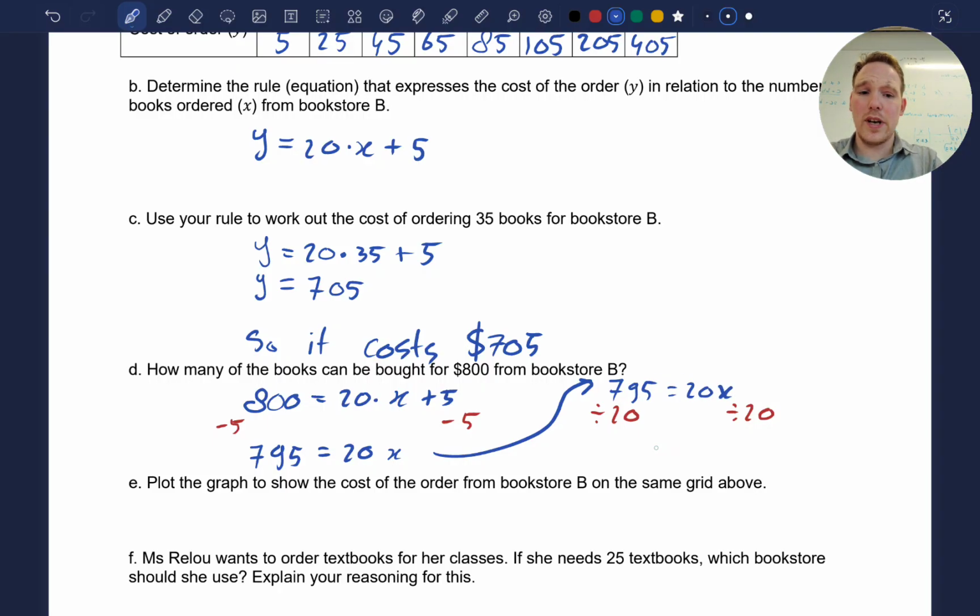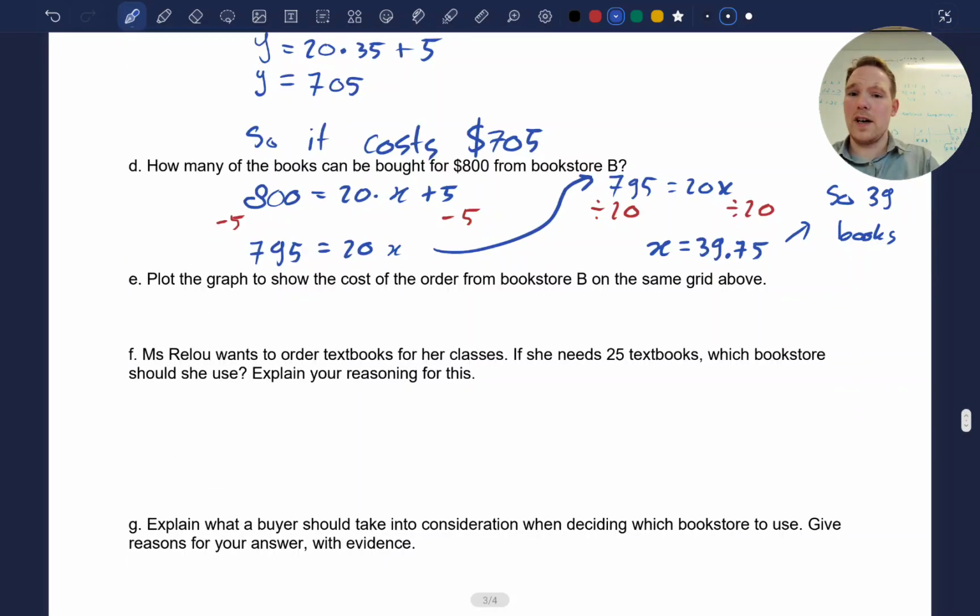Then we are left with x is equal to, one more time? 39.75. So how many whole books can be bought? 39. So 39 books.